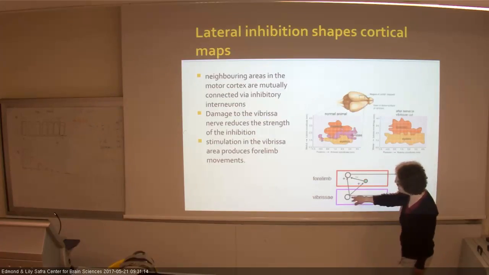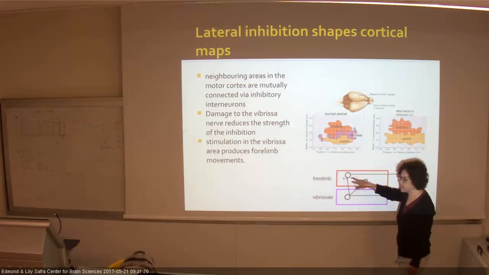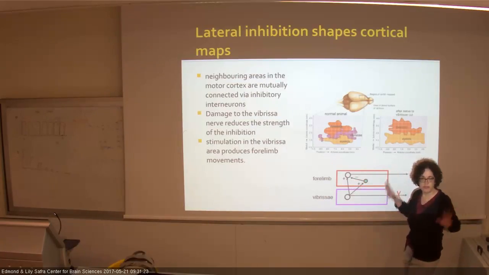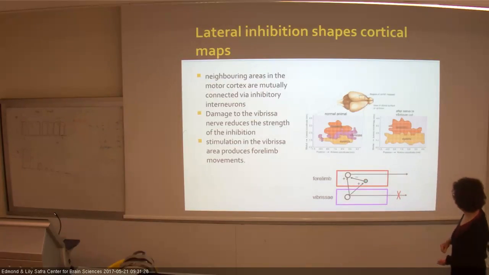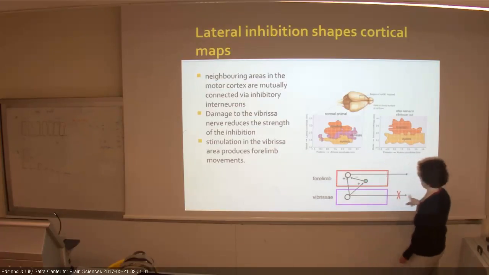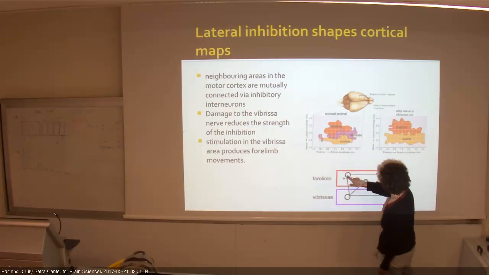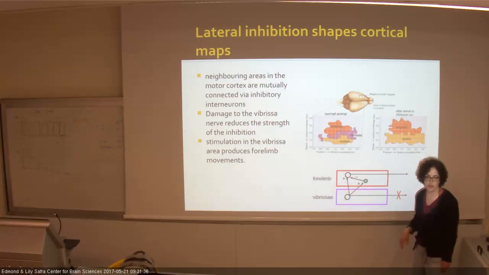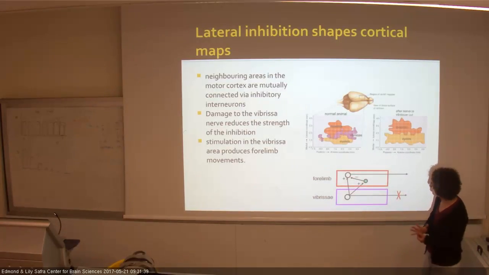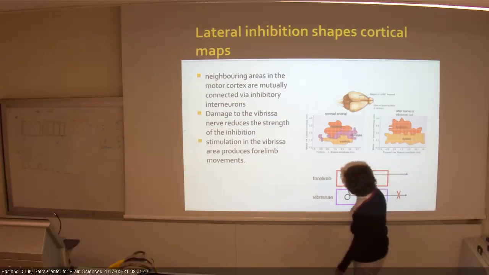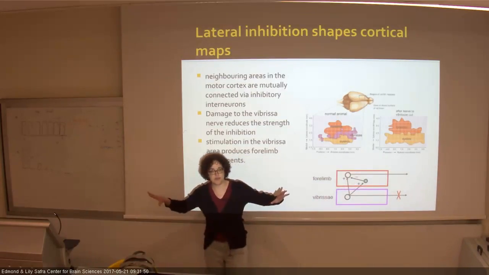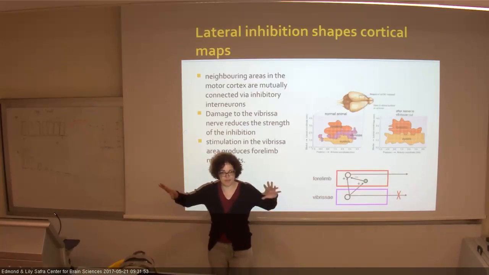But as we cut the nerve, for some reason, this lateral inhibition becomes weaker, and now when we stimulate, you cannot get a vibrissa response because the nerve is cut, but the stimulation will activate the forelimb area. This hypothesis was confirmed using muscimol injections: if we block this inhibition, the map becomes blurred and areas become larger.